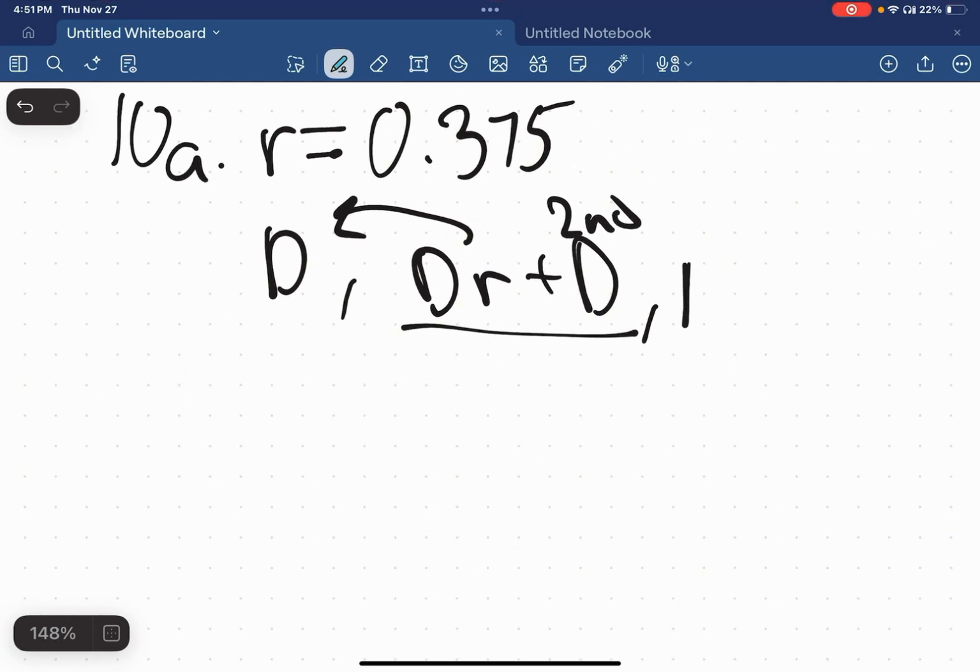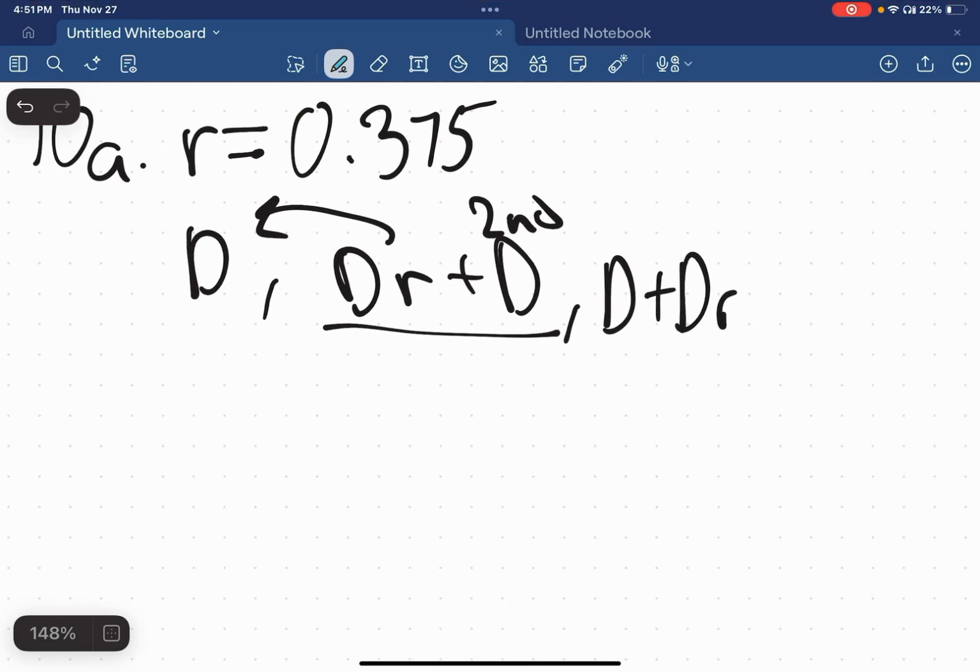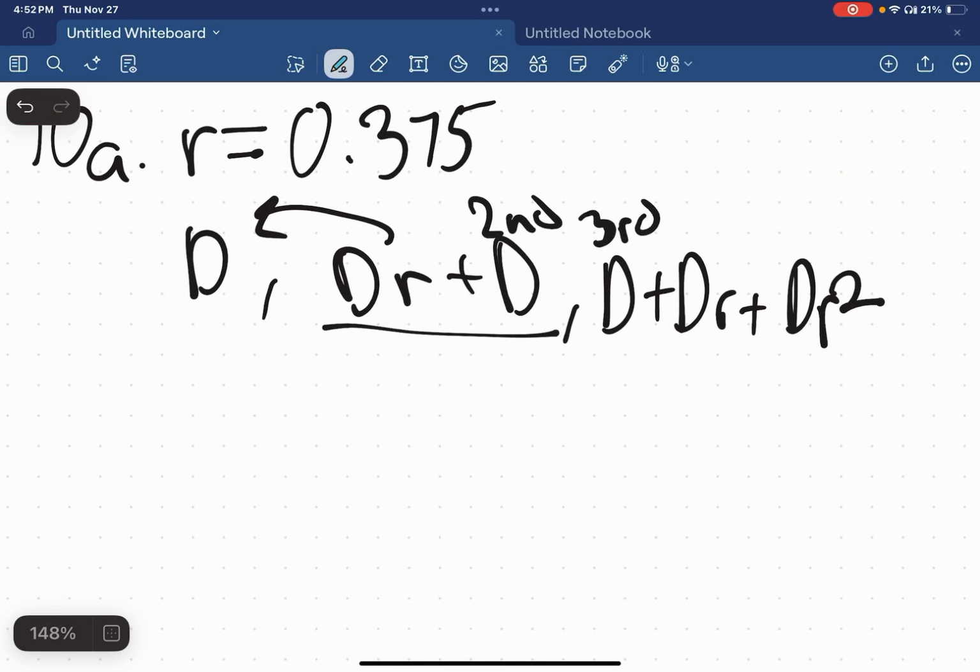After 3 doses, it's going to be D plus DR plus DR squared. This is our third dose. This is our second dose, and that's getting multiplied by R because it's been after that. And this was our first dose.